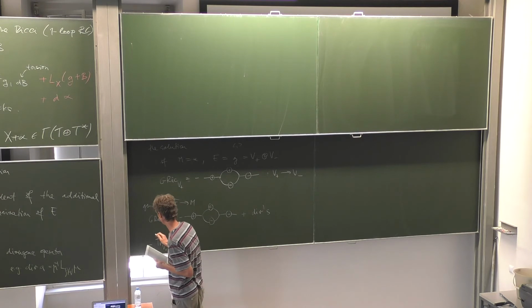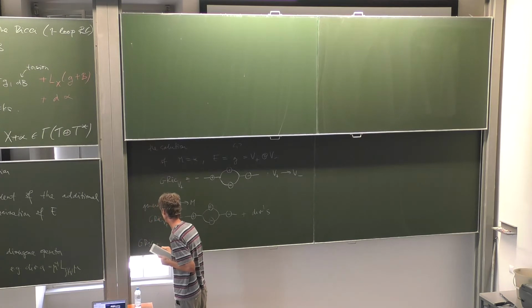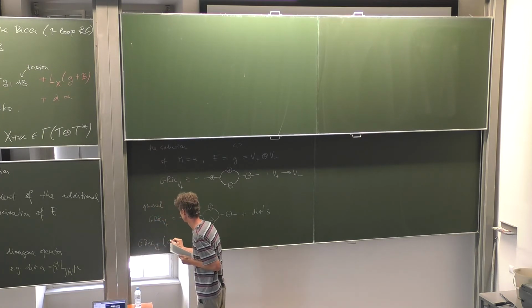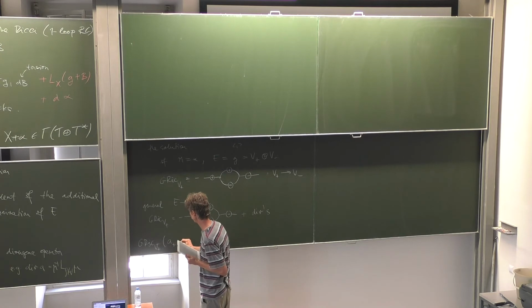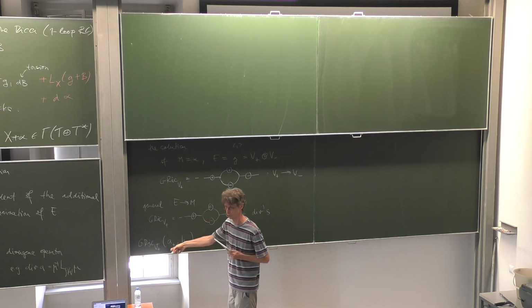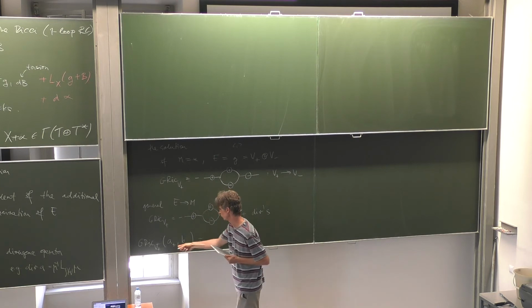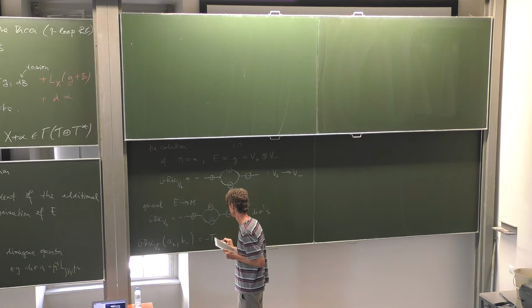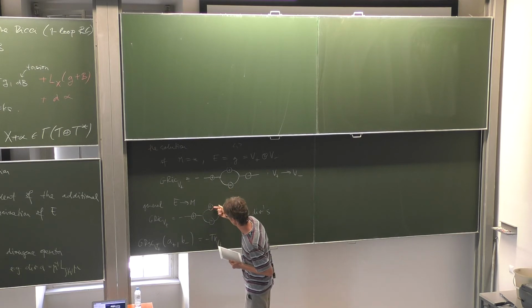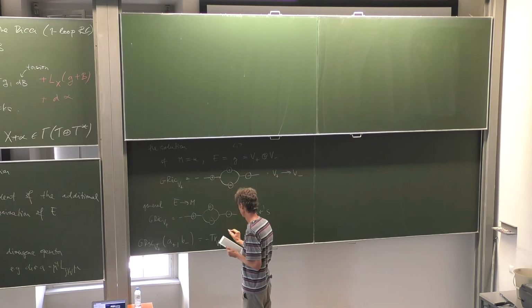So I should write it like this: Ricci V plus, when we fit inside a section of V plus and a section of V minus. This plus and minus just stand for a visual hint. So there is this trace over V plus.